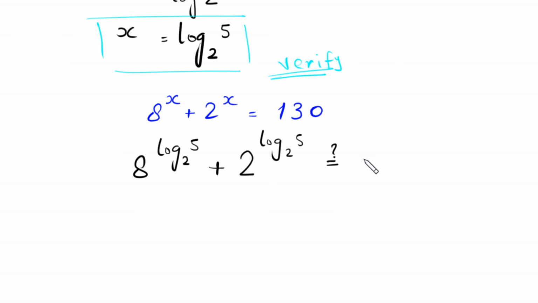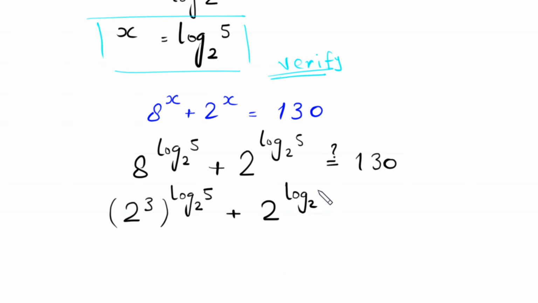Is this equal to 130? Now this 8 can be written as 2 cubed whole to the power log base 2 of 5 plus 2 to the power log base 2 of 5. Is this equal to 130?